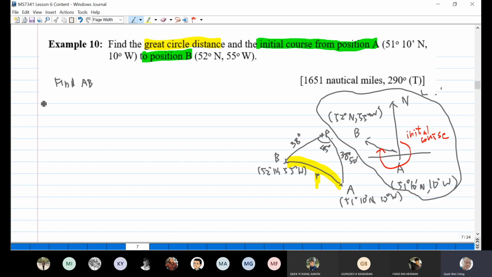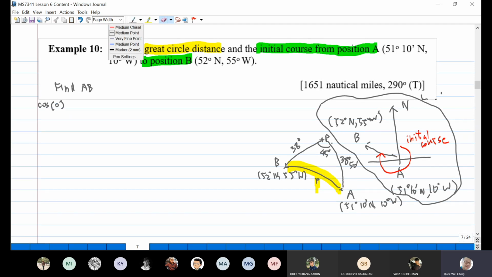So we can see cosine of small p is equal to, okay, cosine P is equal to, this side is actually side B here, this side is actually side A here.